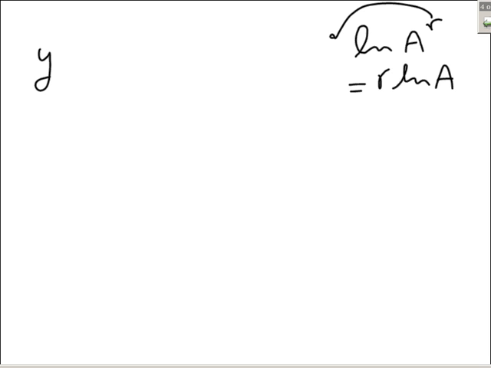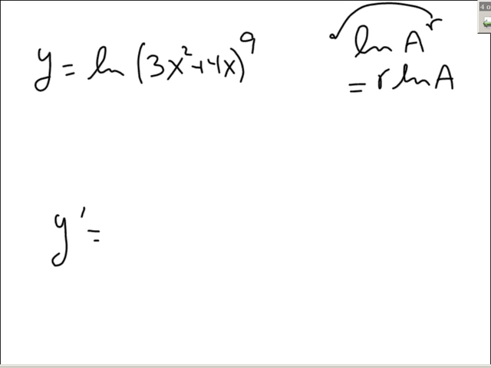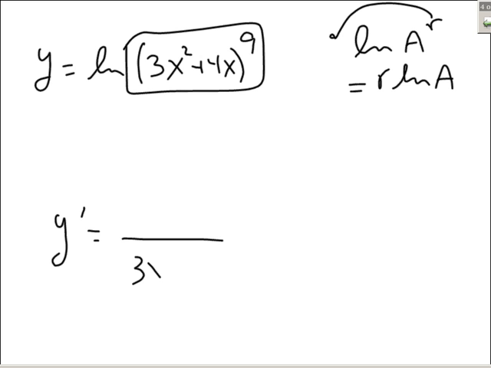If you're asked to find the derivative of y equals ln of (3x squared plus 4x) to the 9th power, one way of doing it is to take what I'm taking ln of, namely all of this, 3x squared plus 4x to the 9th, and put its derivative on top.